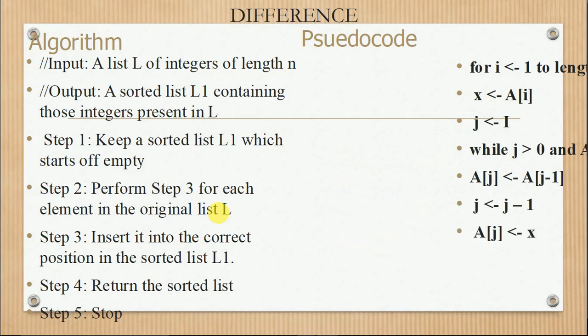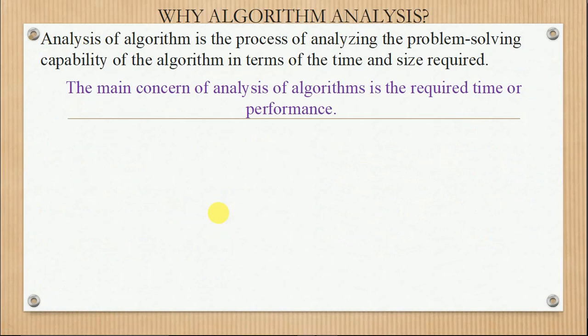Okay guys, now let me have the second part of my session, that is, why algorithm analysis is required. Here you are seeing that the analysis of an algorithm is a process of analyzing the problem-solving capability of the algorithm in terms of time and size required.